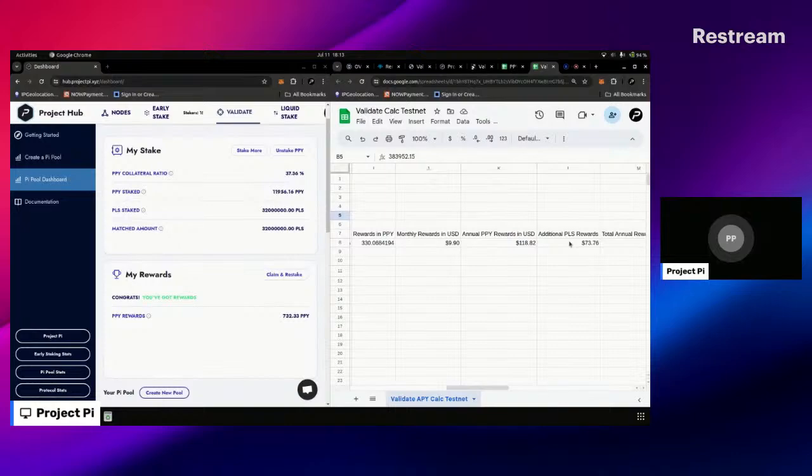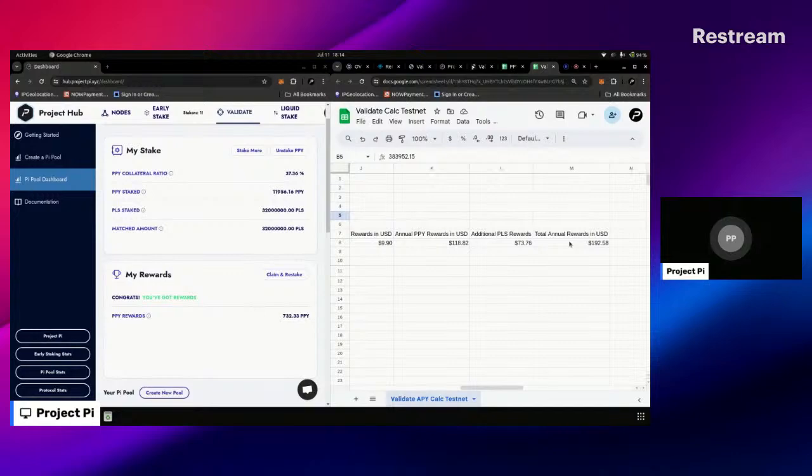So the Pulse rewards for the entire year for the actual validator, the person that validates on PyPulse, would be about $73.76 in Pulse.